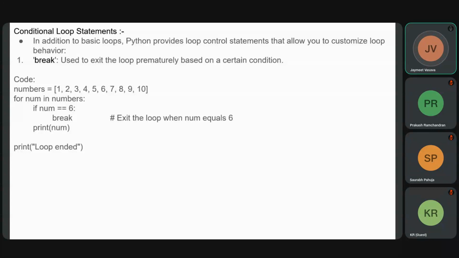Now we'll look at the conditional loop statements, another part of the loop. In addition to basic loops, Python provides loop control statements that allow you to customize the loop behavior.